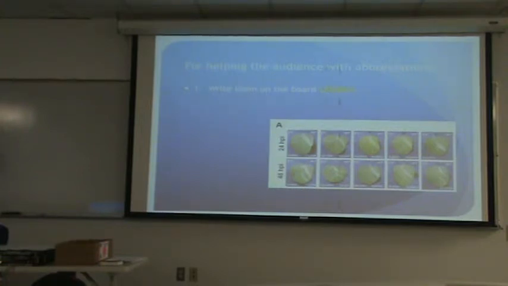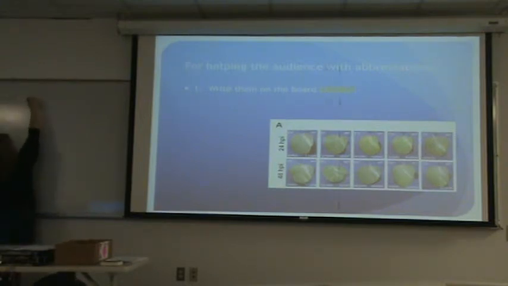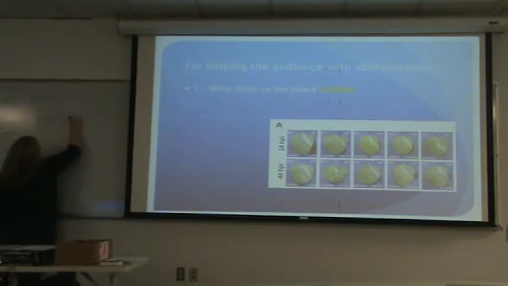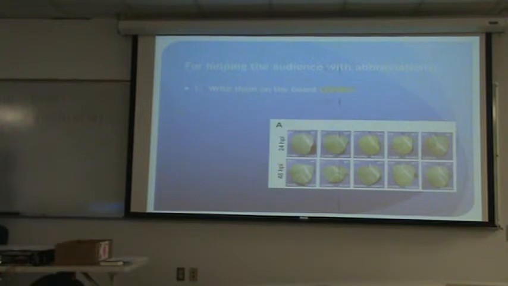This would be the correct way to do it, which is you write really big and you leave enough time that you're not trying to do it 30 seconds before your talk. HPI is hours post inoculation. A lot of times people write it right here and then they stand in front of it and you can't read it anyway. This is a way to deal with that.